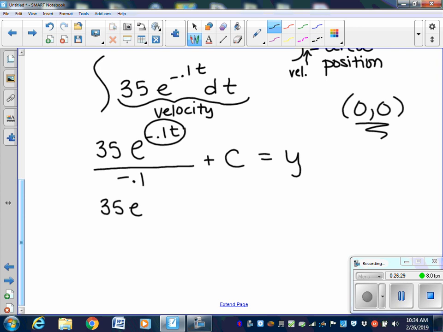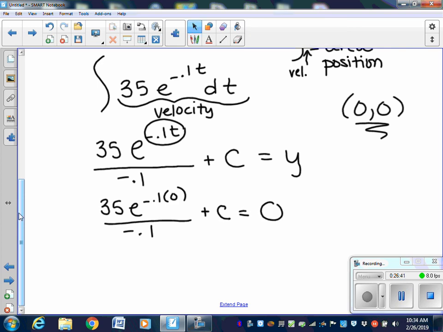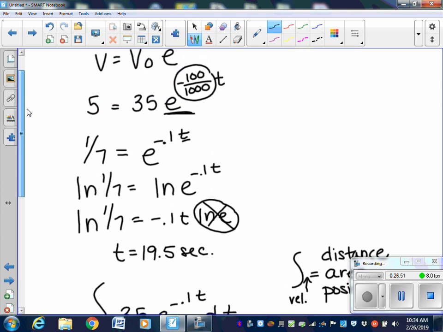35e to the negative 0.1 times 0 divided by negative 0.1 plus c equals 0. This part right here, e to the 0, ends up being 1. So it's 35 divided by, sorry, I missed the negative 35. Where was the negative 35?